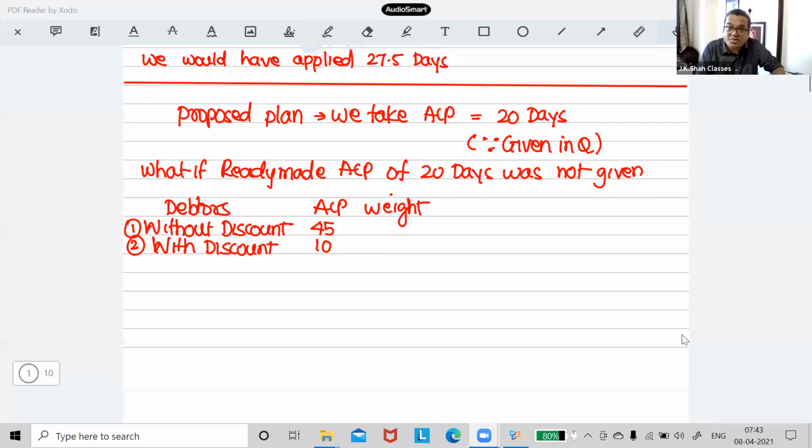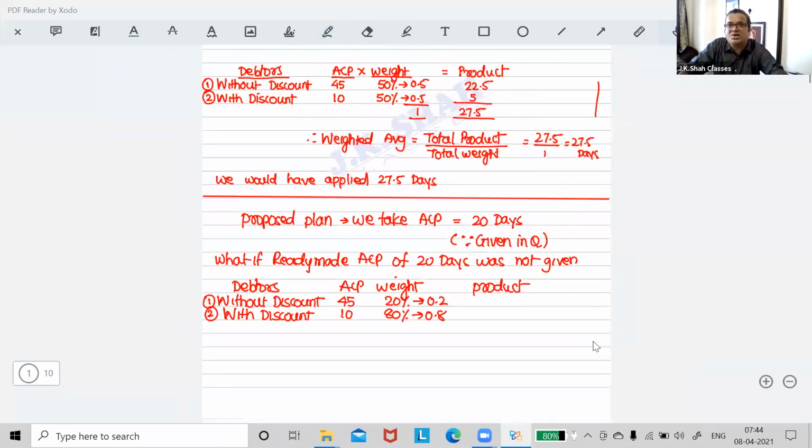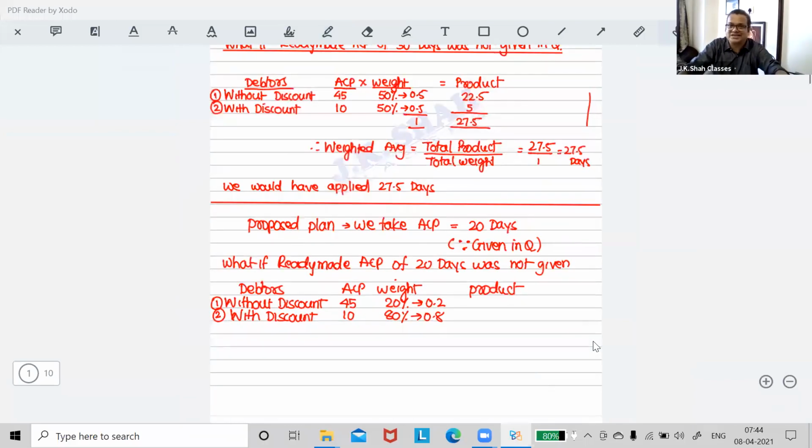How many people offer discount, my dear friends? 80% people offer discount. So how many don't go for discount? 20%. So convert this as 0.2, convert this as 0.8. Multiply and obtain the product. After doing the first part, you just had to change the numbers.